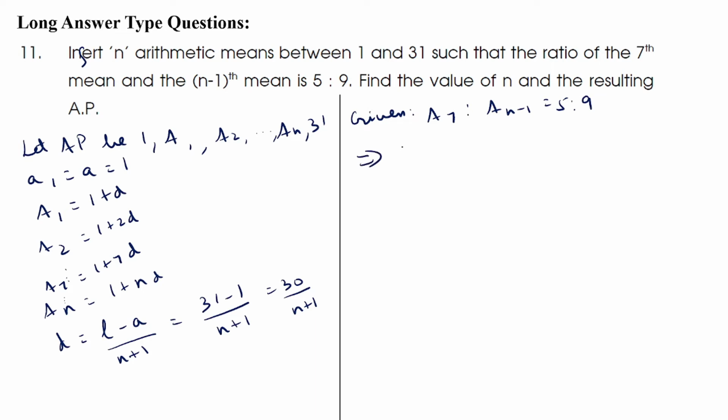So this means (1 plus 7d) upon (1 plus (n minus 1) into d) is equal to 5/9. So a7 is 1 plus 7d and a(n minus 1) is 1 plus (n minus 1) into d. We have d here; d is 30 by n plus 1. So substituting d here, we can find n.